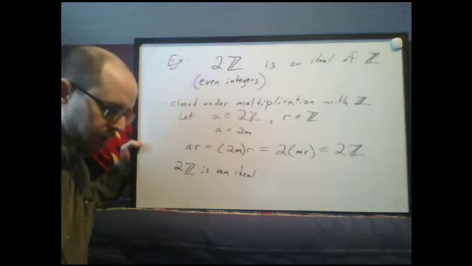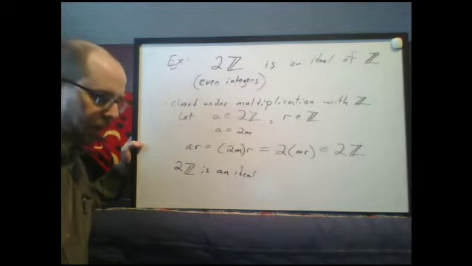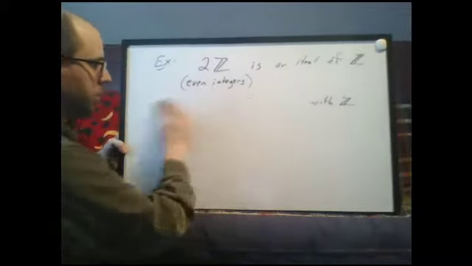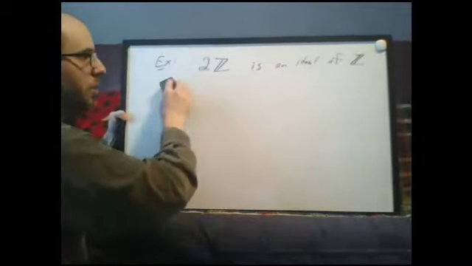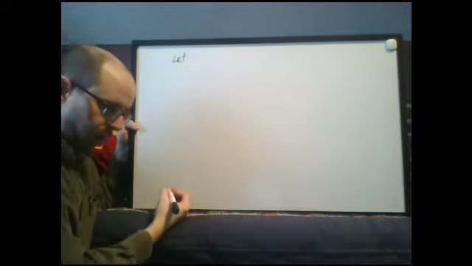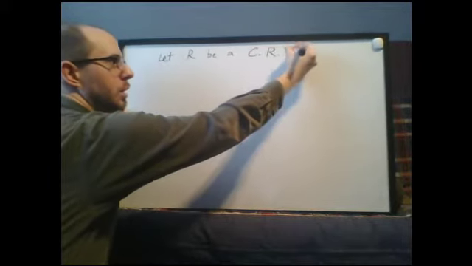All right, let's do an abstract example of a way we can construct ideals. And really this is an example of this next construction I'm going to define. But this will allow us to make up a lot more examples quickly. So let R be a commutative ring with unity.